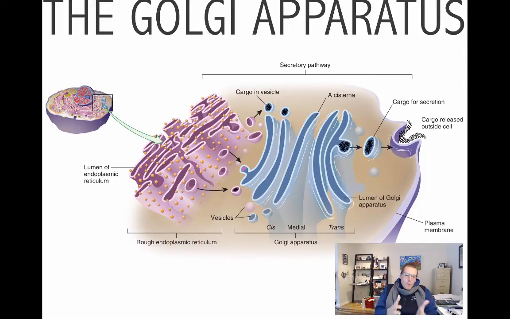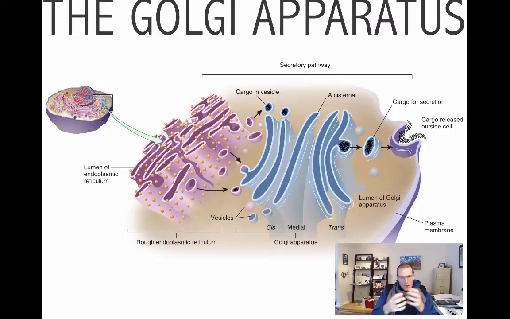We'll talk about within the cell in a moment, but let's just think about what would happen to a molecule of insulin. You're probably familiar with insulin. Insulin is a small protein, not very many amino acids, and it's translated initially in the cytoplasm, but that ribosome goes to the rough ER. And so the ribosome docks on the rough ER and then translates the insulin molecule inside the endoplasmic reticulum.